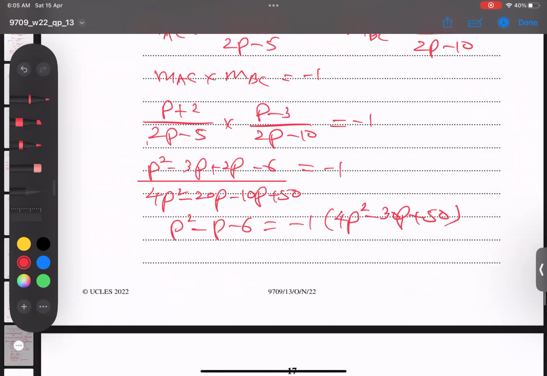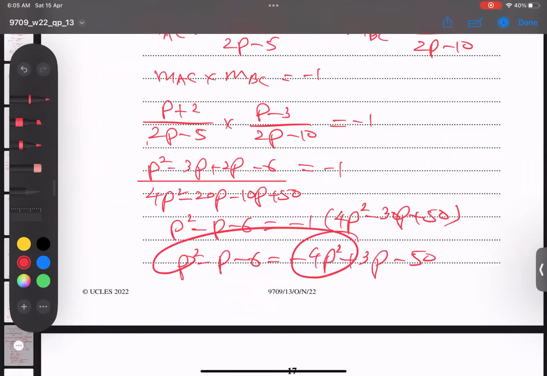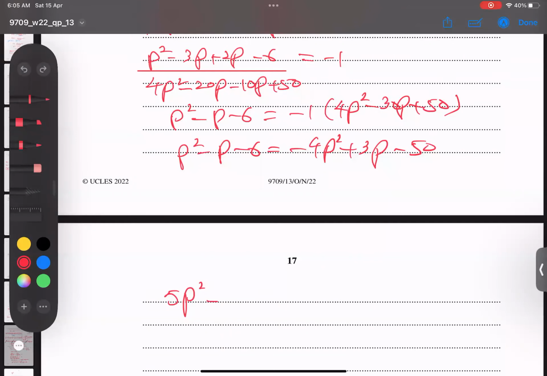Okay, so P to power 2 minus P minus 6 equals minus 4P to power 2 plus 30P minus 50. Now this comes to this side, it will become 5P to power 2. This will come to this side, become minus 4P. This goes to this side, so becomes positive 44.